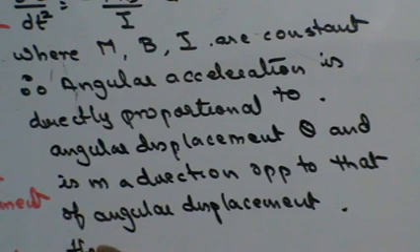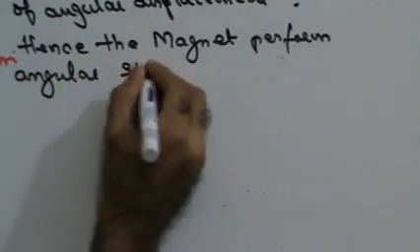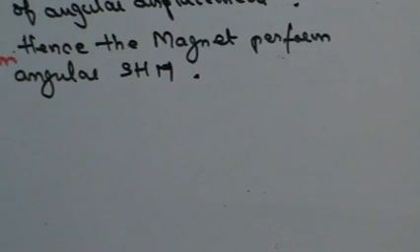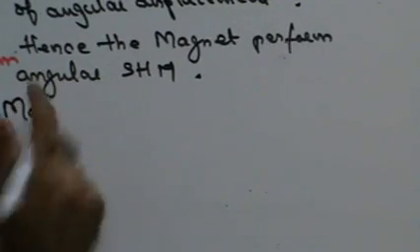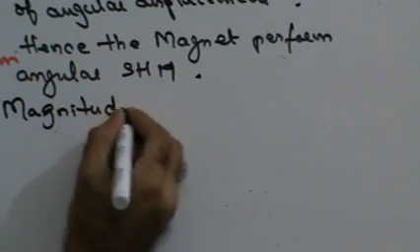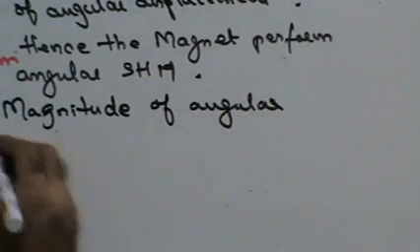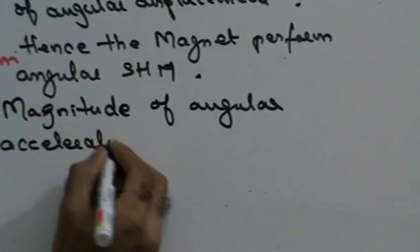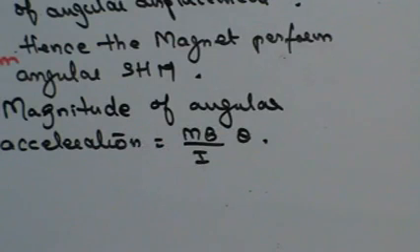Hence, the magnet performs angular SHM. Right? Now, if it performs an angular SHM, then the magnitude of angular acceleration is nothing but mb upon I theta, right?